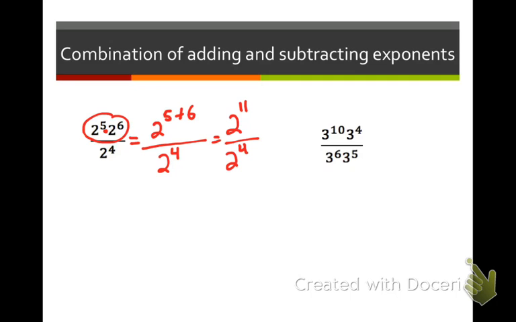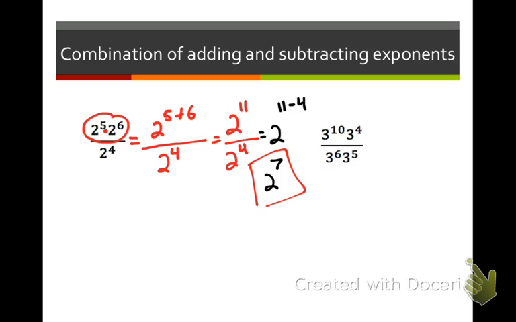And if you remember, when I'm dividing, I keep my base and I subtract the top exponent minus the bottom. And I know that 11 minus 4 is equal to 7. So after I simplify this, I get 2 to the 7th power. Alright?